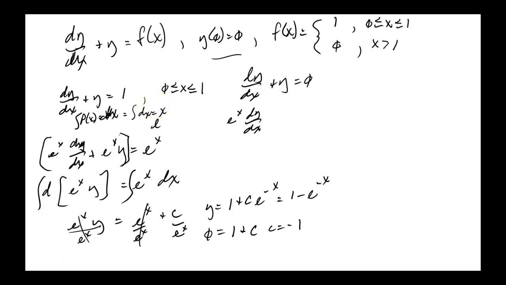Raise that to the e, that's your integrating factor, e to the x. And now we're just going to multiply that, just like we did before, e to the x dy/dx plus e to the x times y, but this time it's equal to 0. And again, that is the perfect derivative of e to the x times y, so that happens just the same.